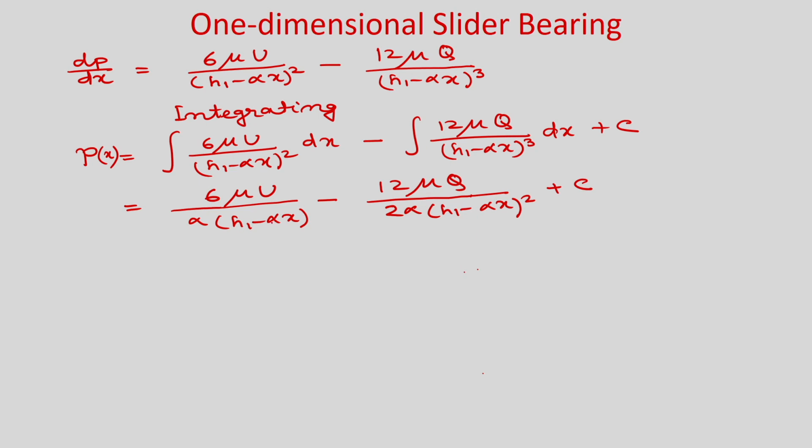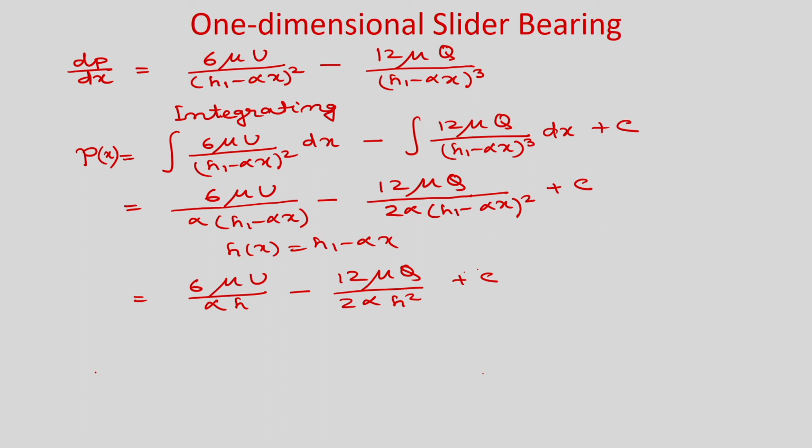Now, this h1 minus alpha x we will write in terms of h. So, you can write it as 6 mu u by alpha h minus 12 mu q divided by 2 alpha h square plus c. Now, this integration constant we will find by invoking the boundary conditions.